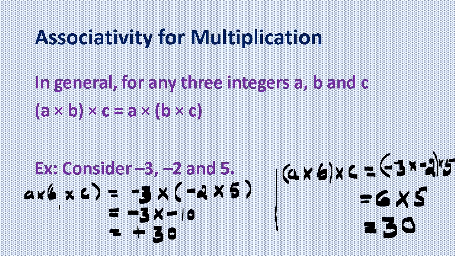Therefore, a into (b into c) is equal to (a into b) into c. From 1 and 2, the association for multiplication is the same. This shows the associative property for multiplication holds good.